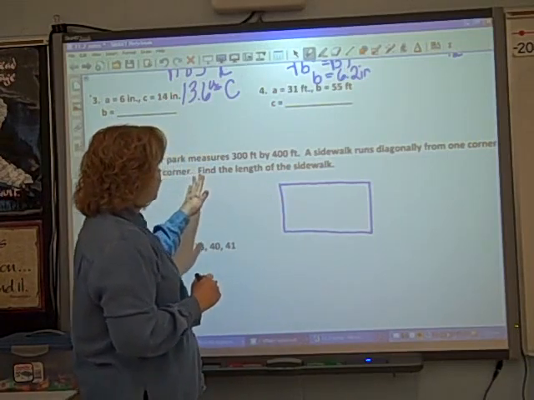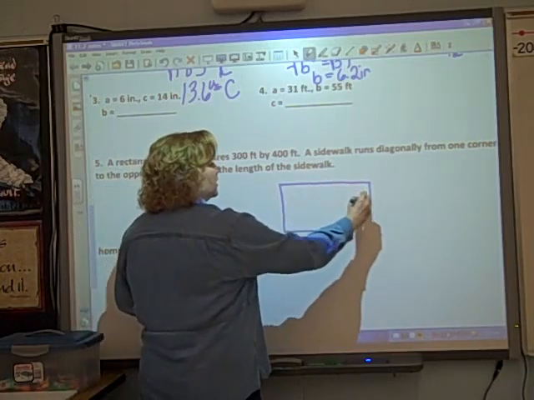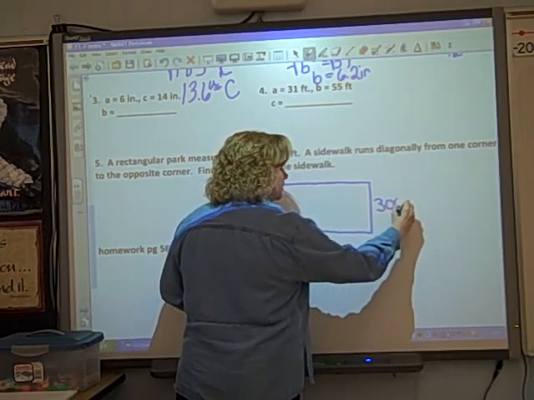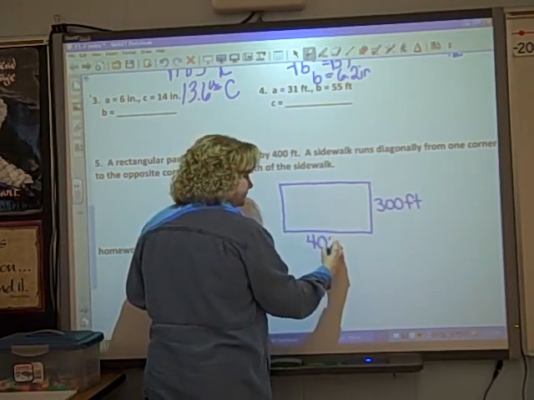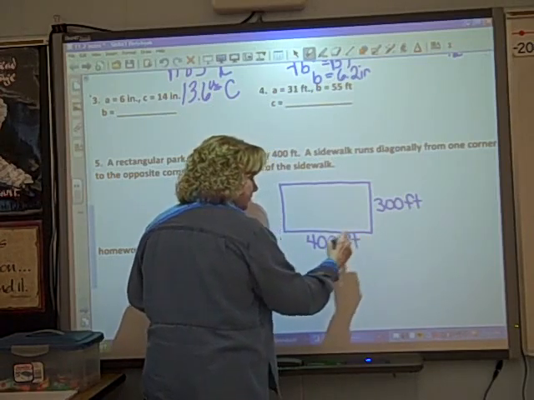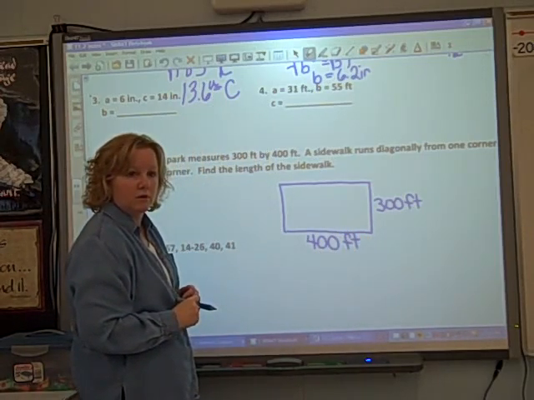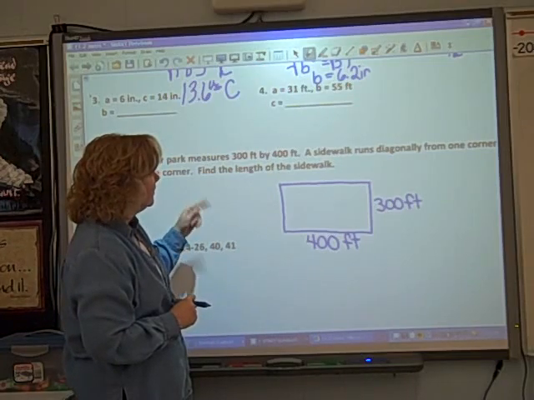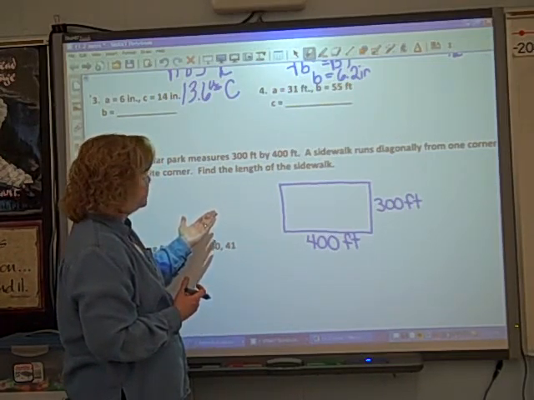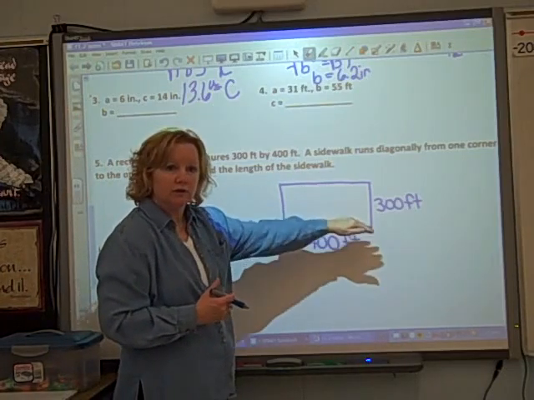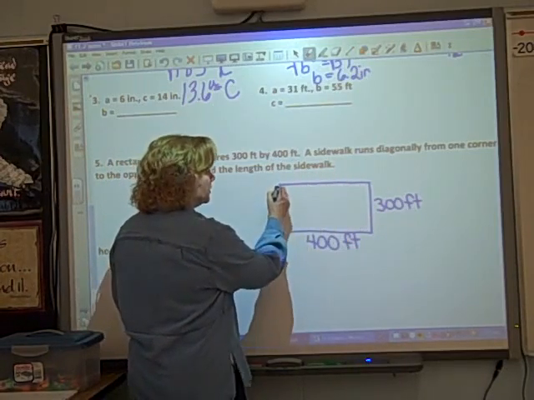Okay, it tells me that that rectangular park is 300 feet by 400 feet. Then it tells me a sidewalk runs diagonally from one corner to the opposite corner. Does it matter which way I do this? No. Doesn't make a difference.